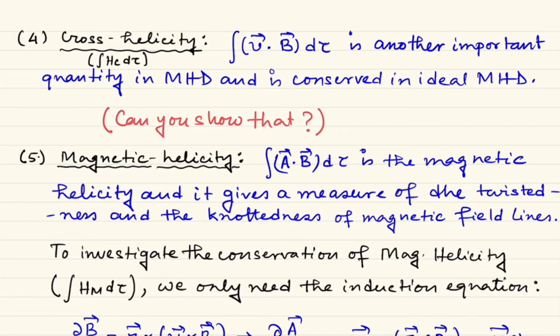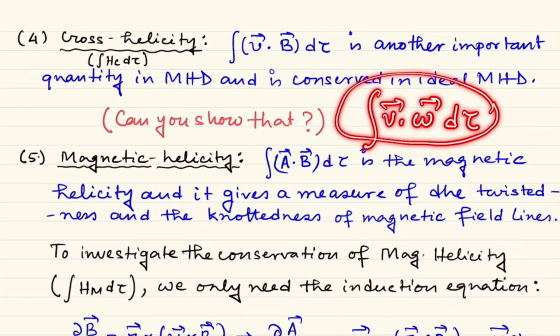Now, remember one very interesting thing: when we discussed normal hydrodynamic fluids, we defined omega, the vorticity vector, the curl of V, and there we can also define another quantity, which is V dot omega. If this V dot omega is integrated over the whole space, you get another quantity called the kinetic helicity.